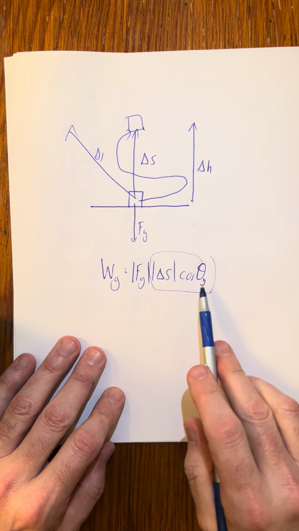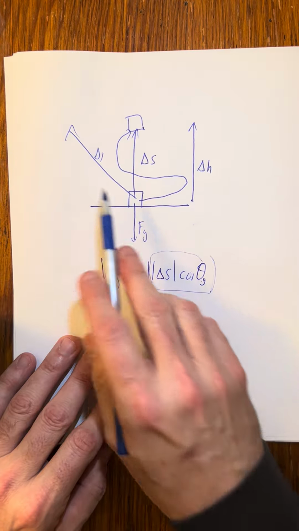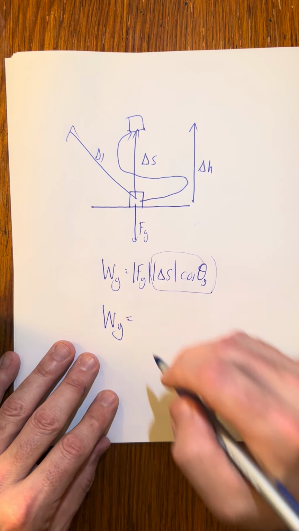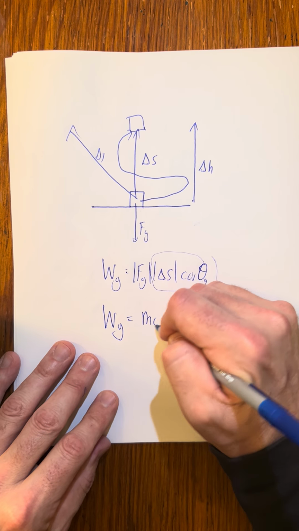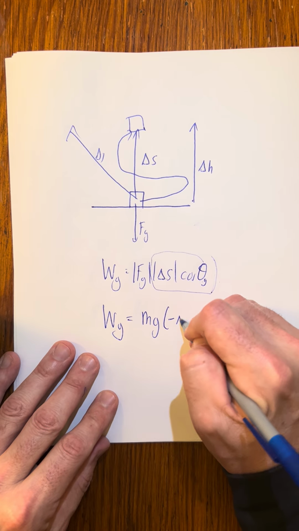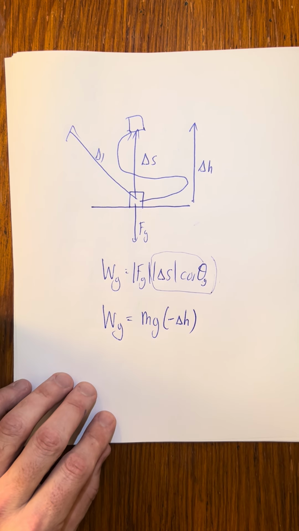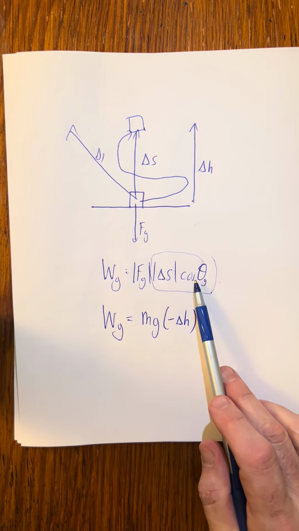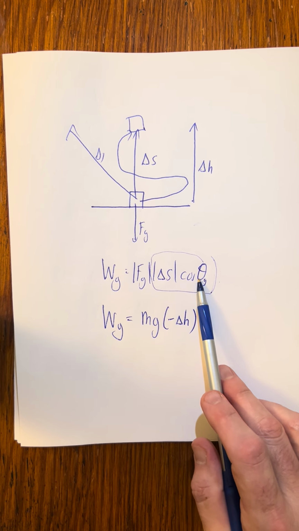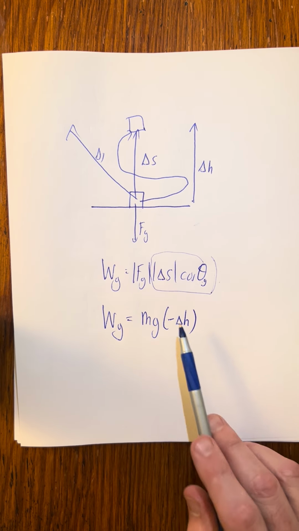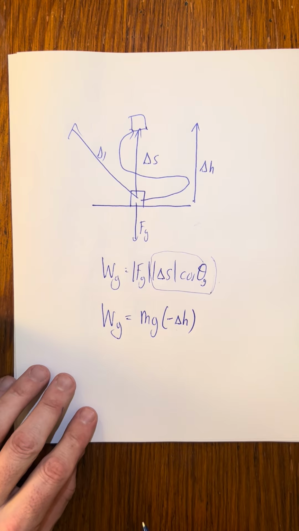Now we know that the angle here is always going to be obtuse if I'm going upwards. So here we go. The work done by gravity is going to be equal to mg, right? This is just going to equal the negative change in the height, right? Because this we said is going to be obtuse, meaning that it's always going to yield some sort of negative number. And the cosine thing gets rid of the side-to-side motion, and we're just left with that change in vertical motion.